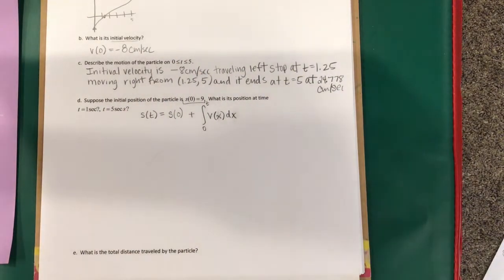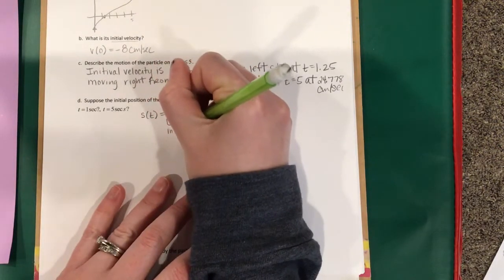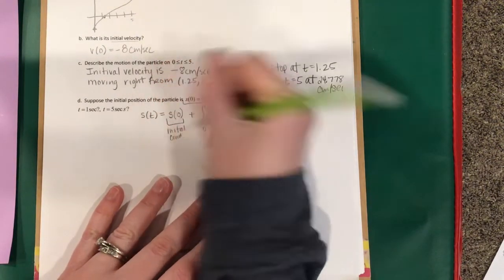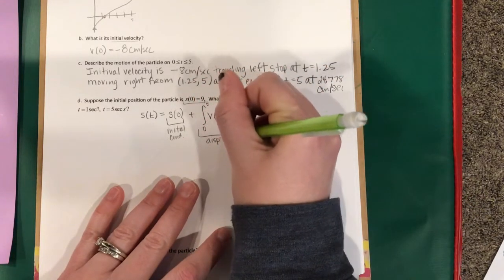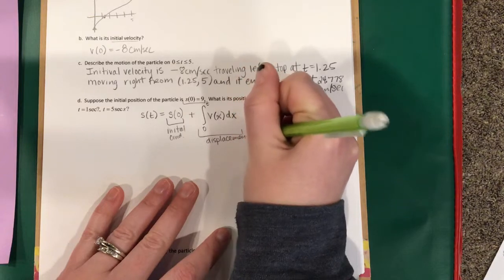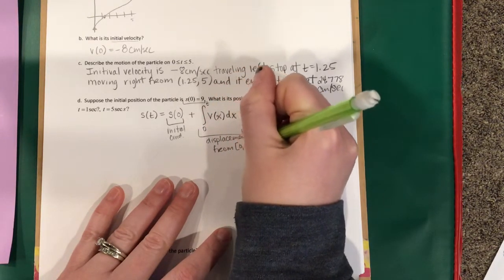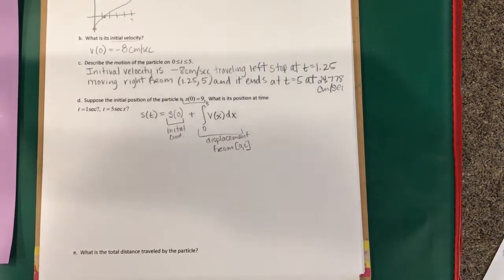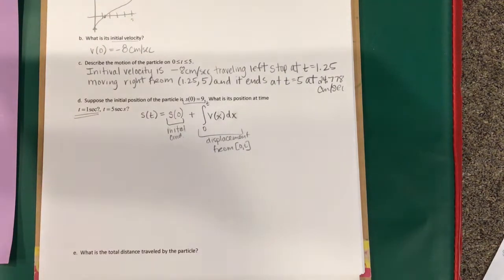And so this is our initial condition. And then if you recall, this is actually our displacement from 0 to t. So when we go to do these, the first thing I'm going to be looking to find is the position when t equals 1.